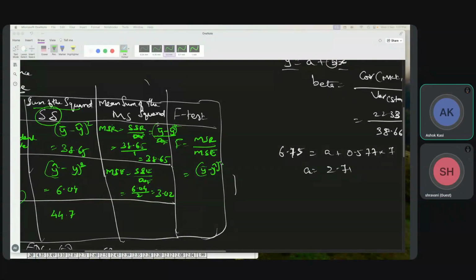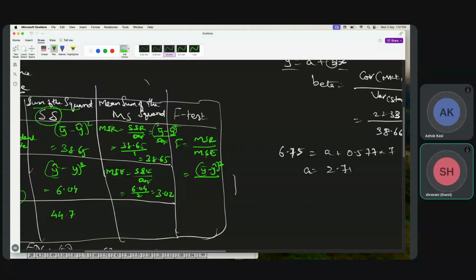Y bar minus y hat the whole square divided by degree of freedom. Degree of freedom is 1, whole upon this. Also I can write as, 1 minute. Just 1 minute.